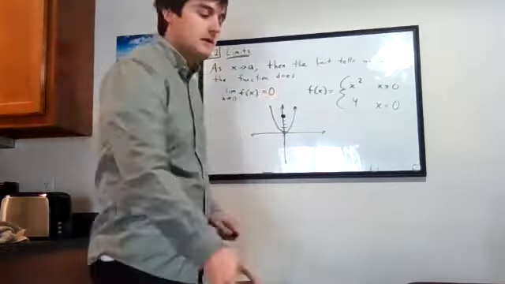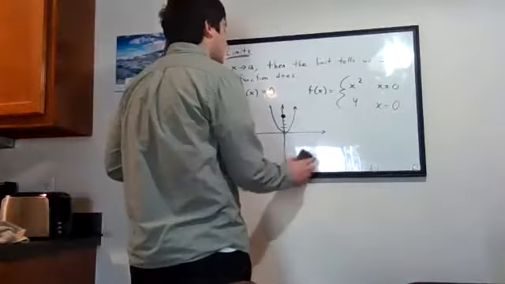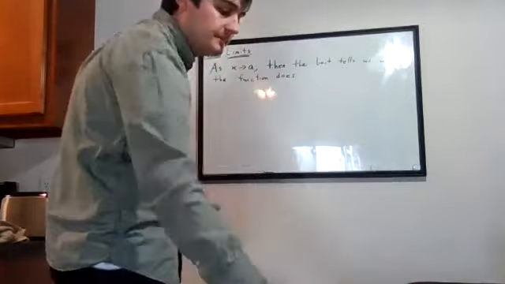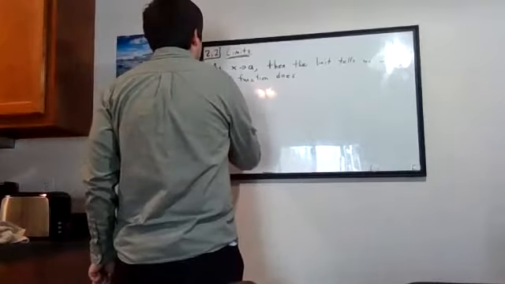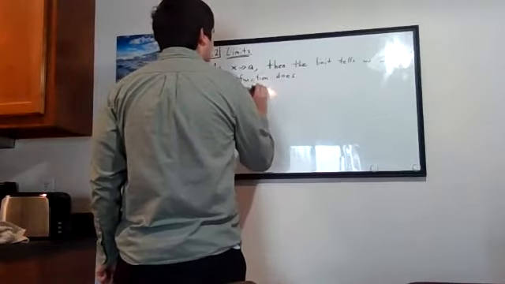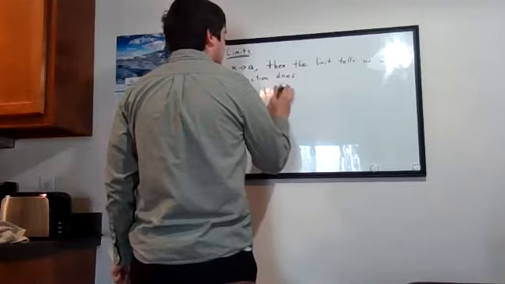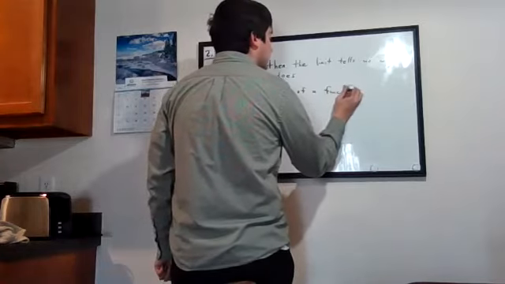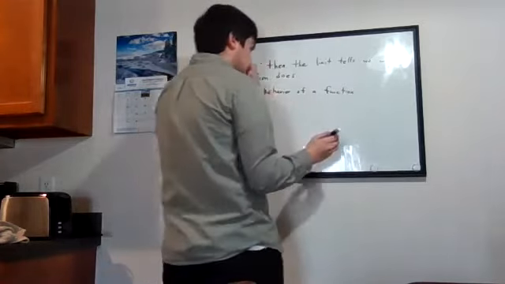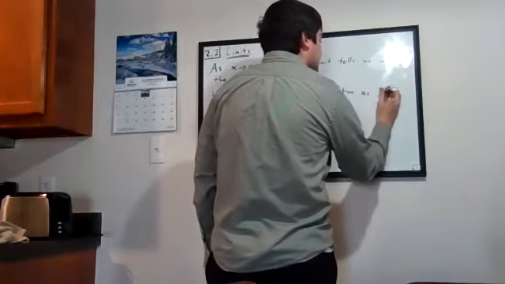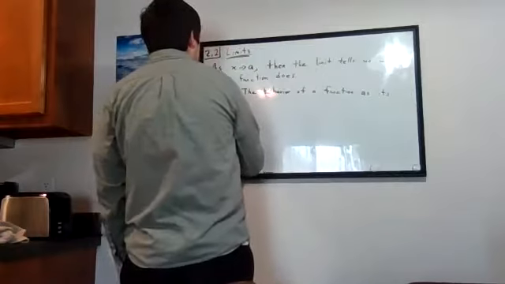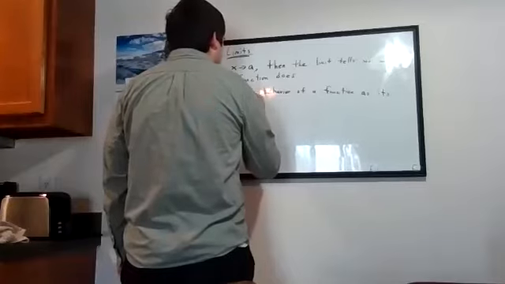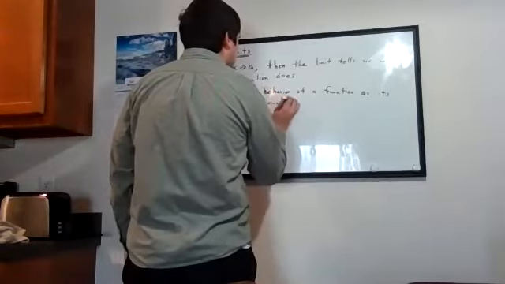That's why I say as x approaches a, the limit tells us what the function does. If we want a formal definition of the limit, it's the behavior of a function as its input moves towards a given value.